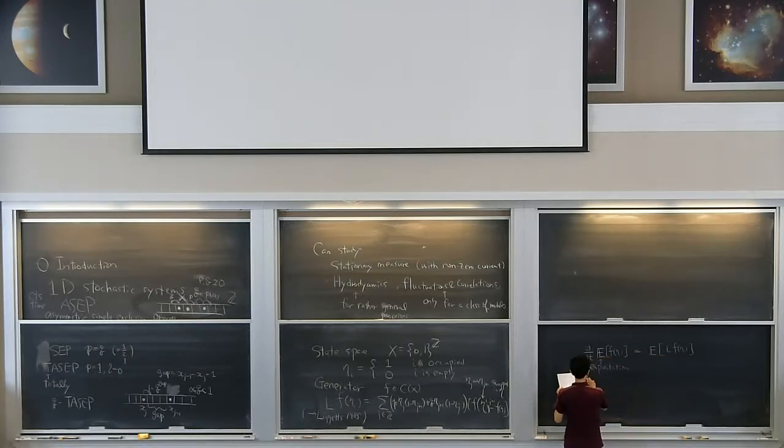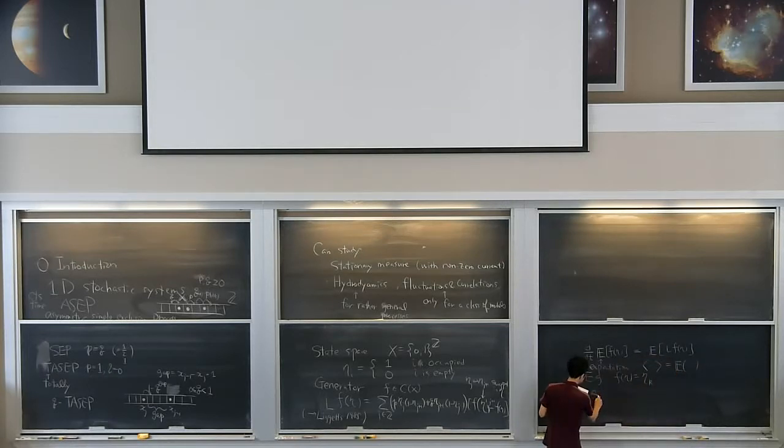For example, maybe we're interested in the time evolution of the density, in which we should consider a function given by eta_k. So we are interested in the average density at site k. In this case, we should take f to be eta_k. The expectation is, in many cases, also denoted by brackets.